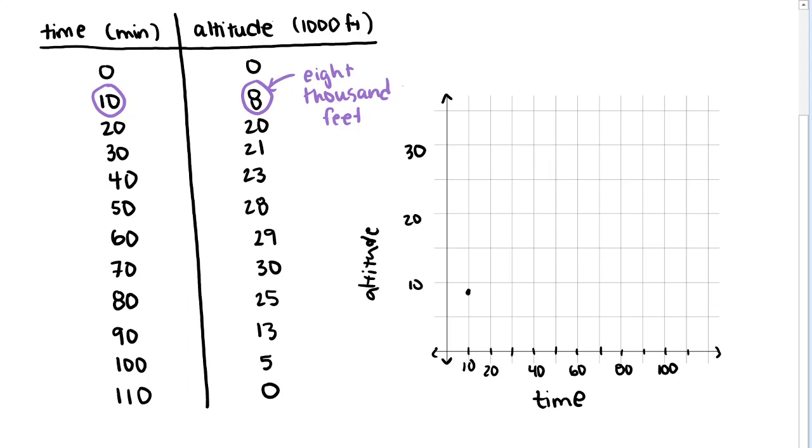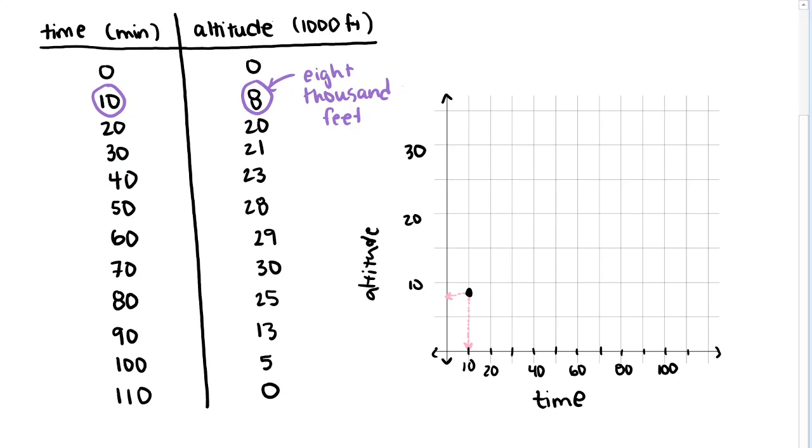Here is our point, because when I look down to my horizontal axis for time, this point corresponds to 10 minutes. And when I look to my vertical axis for altitude, this point is roughly at a location of 8 on the altitude axis. So that's saying the plane is at 8,000 feet in the air.